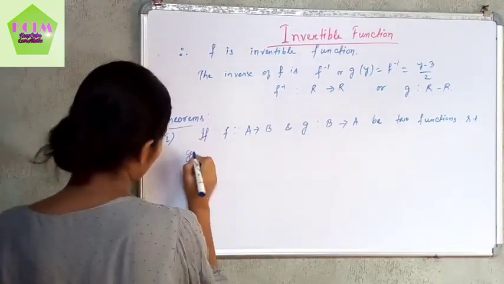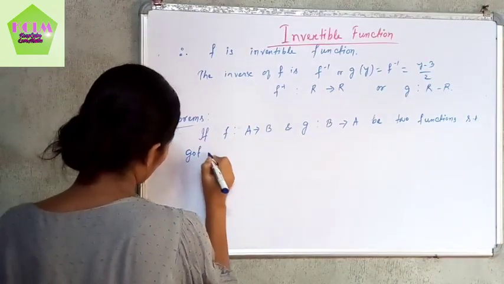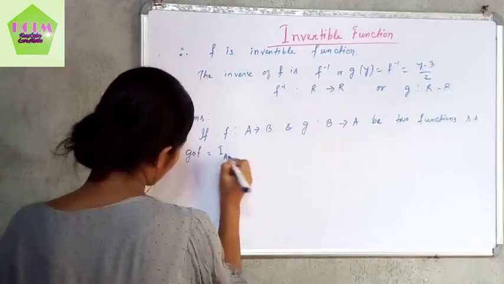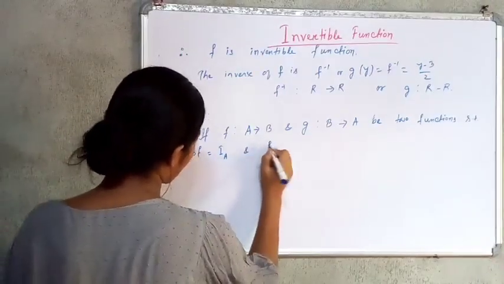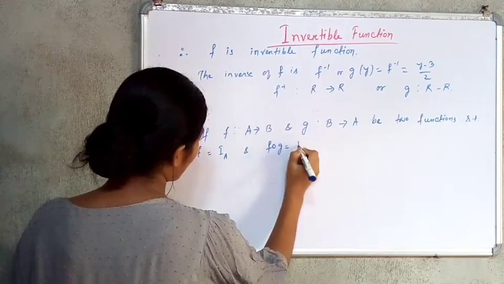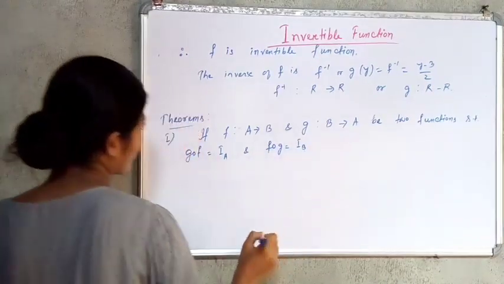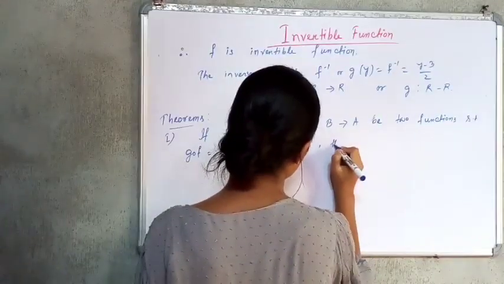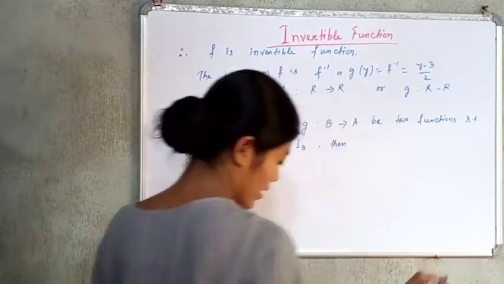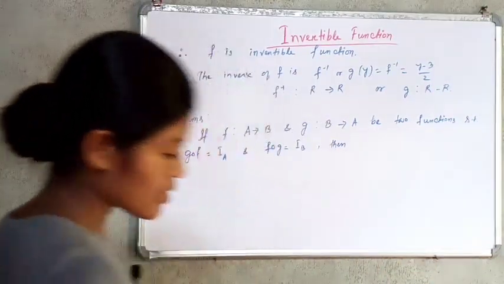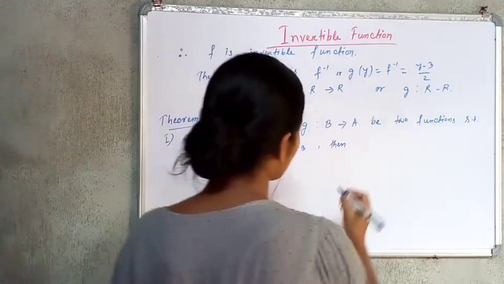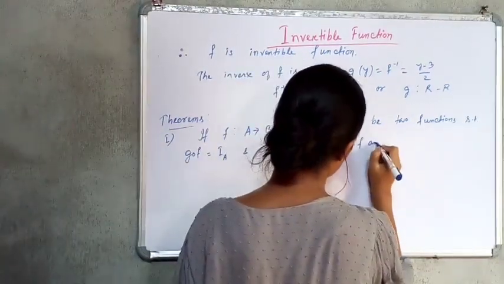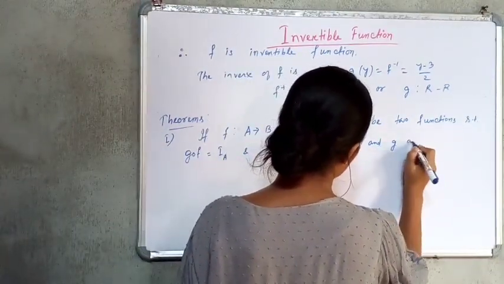their composite function g o f equals the identity function on the domain A and f o g equals I_B, then the functions f and g are bijective.